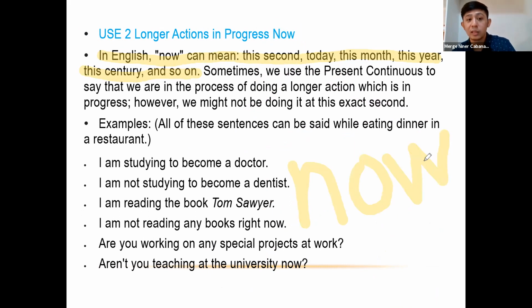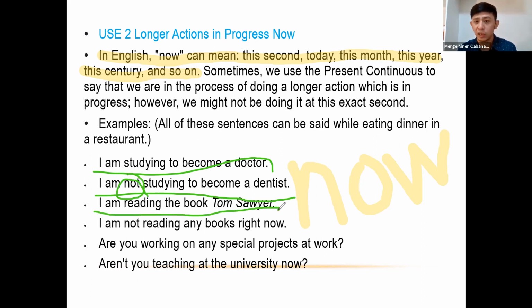So we use "now" for situations like this. Take a look at some examples that I have for you today, guys. I am studying to become a doctor. Not literally doing it right now. I am in the process. I'm not studying to become a dentist. This is a negation of the idea with the presence of the word "not." I am reading the book Tom Sawyer. Am I literally reading the book right now?